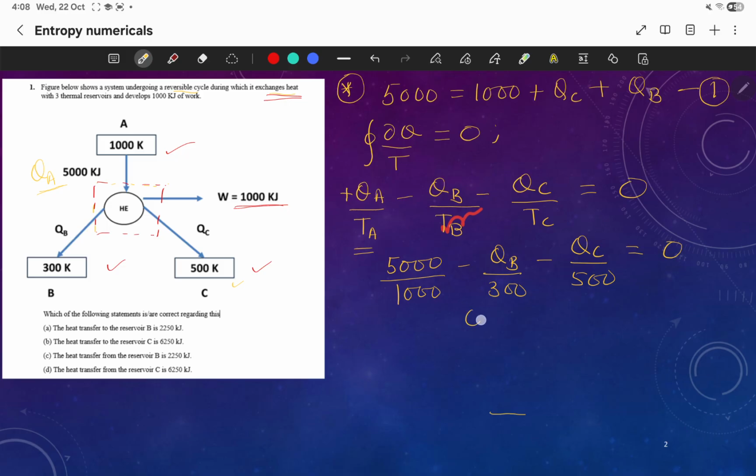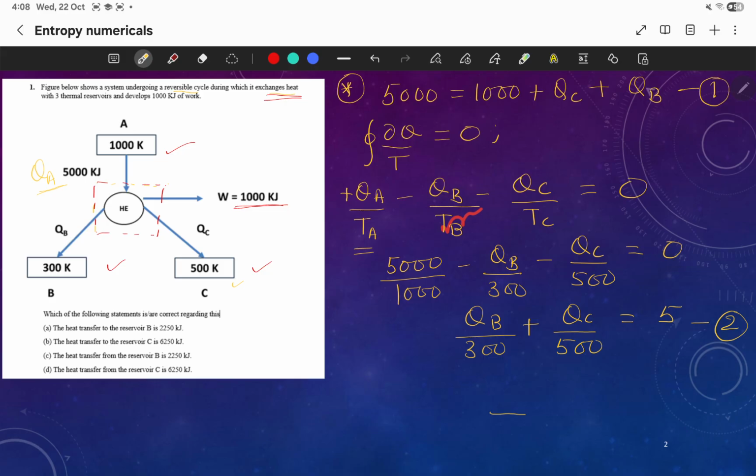So from here we get QB upon 300 plus QC upon 500 equals 5. This is equation number 2.